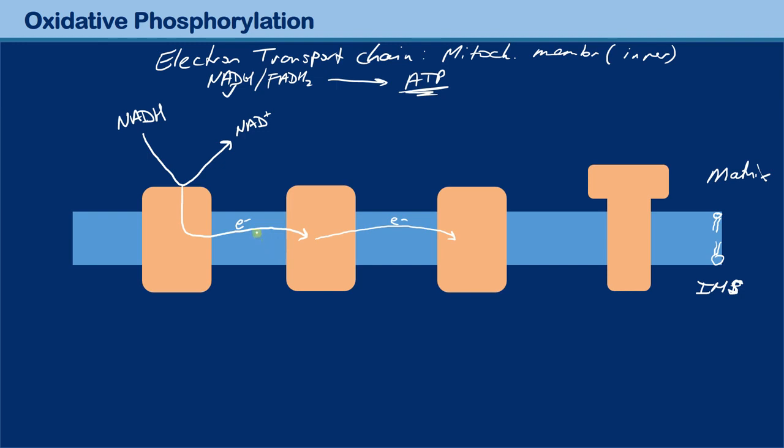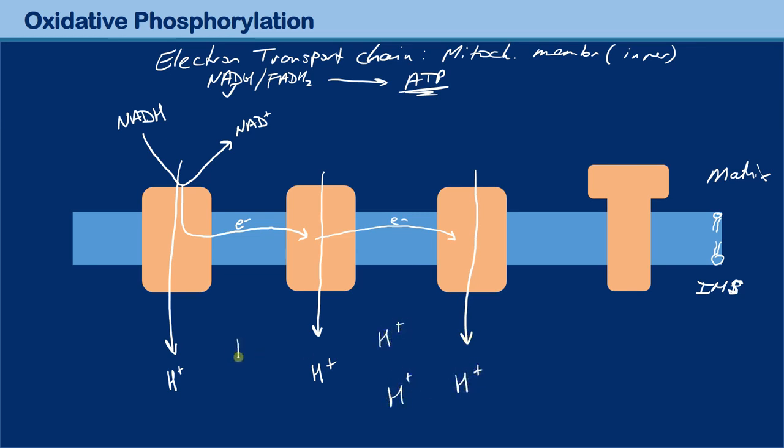The energy of the electron is used to pump, active transport, hydrogen ions across the membrane. So we're pumping hydrogen ions across here, and we have a lot of hydrogen ions, protons, a hydrogen ion is a proton, accumulating down here. It's a form of active transport which uses the energy of electrons.